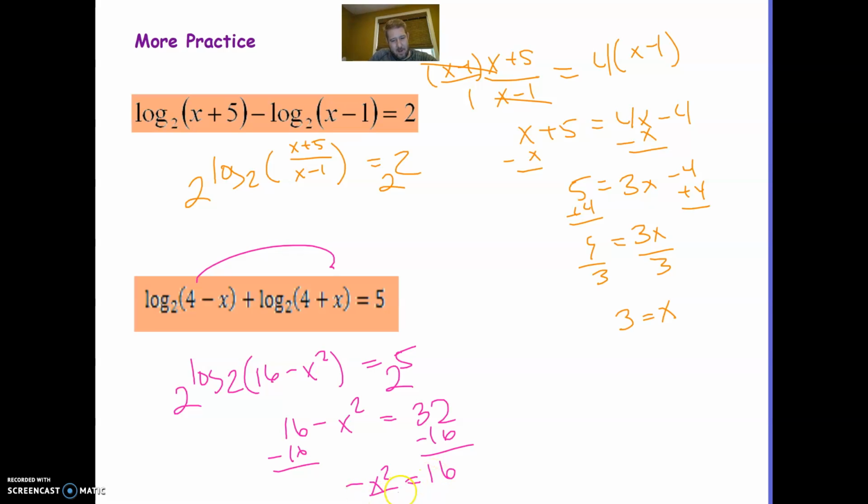Sorry, I'm one step ahead of myself here. So that's negative x squared equals 16, divide both sides by negative 1, and x squared is negative 16. So x equals the square root of negative 16, which is both positive and negative 4i. So it looks like we got an imaginary answer on this one.